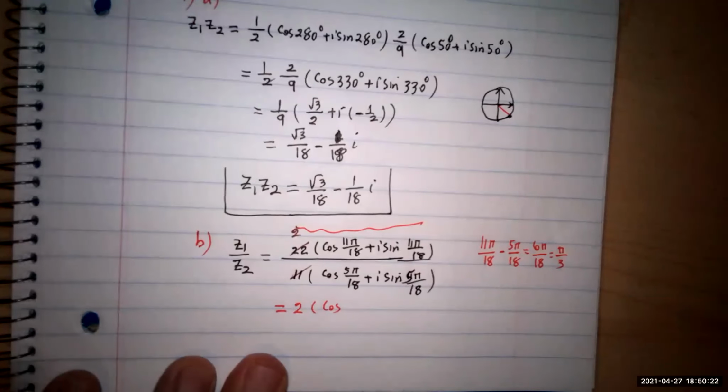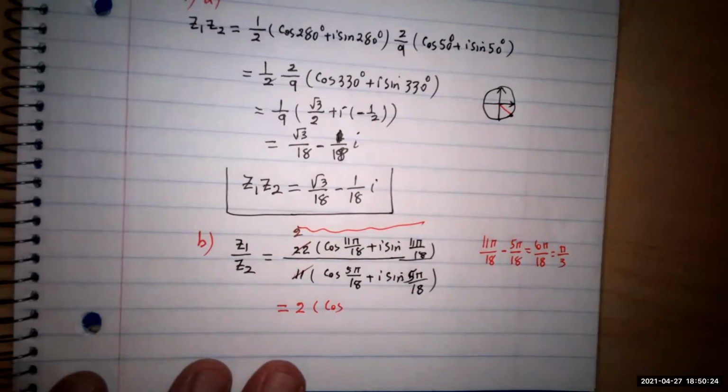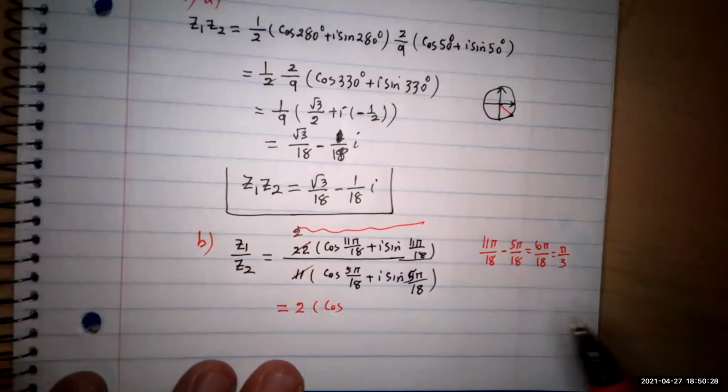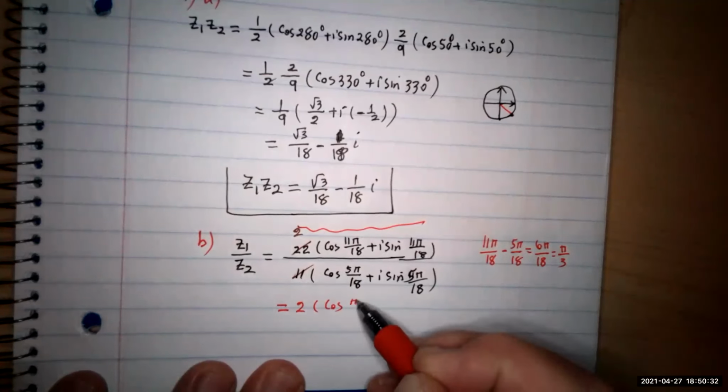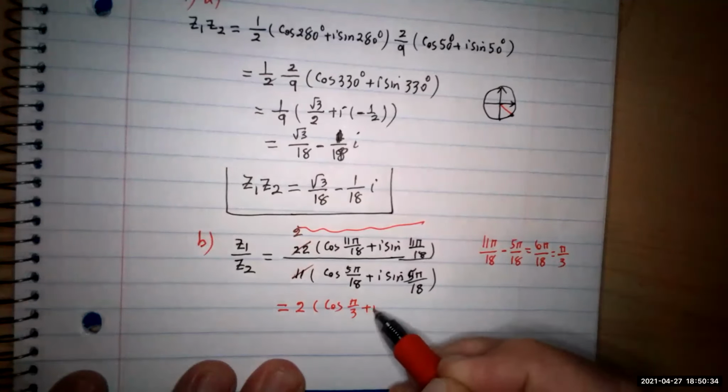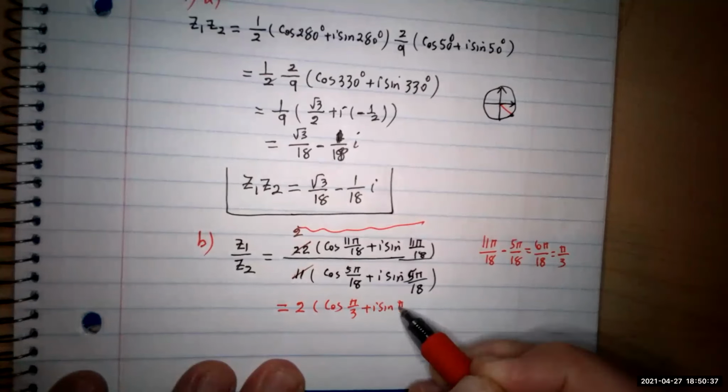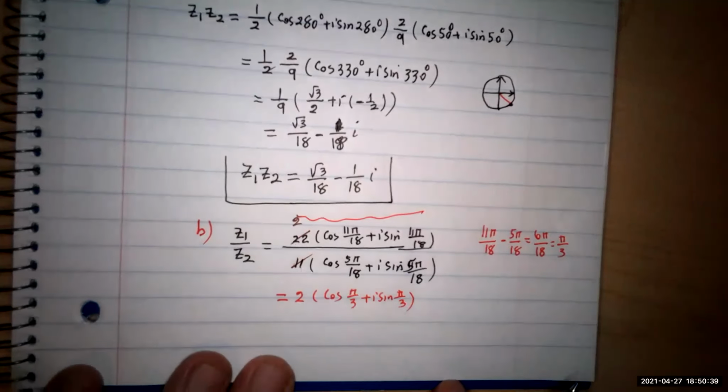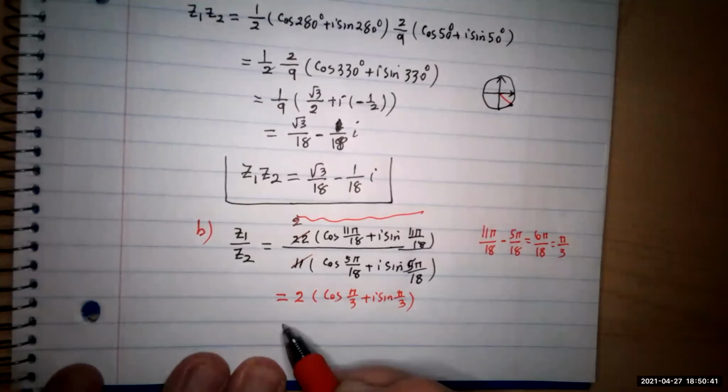Do the subtraction outside and bring the angle, whatever you got. Okay, so we just must know that when you divide, you subtract. So this is going to be CIS of pi over 3, cosine of pi over 3 plus i sine of pi over 3. Okay, 60 degrees, and you substitute and you're done.